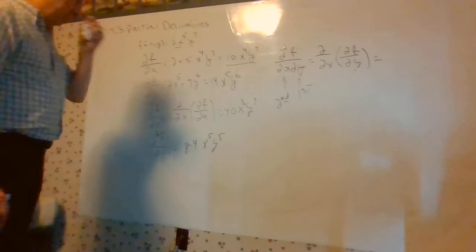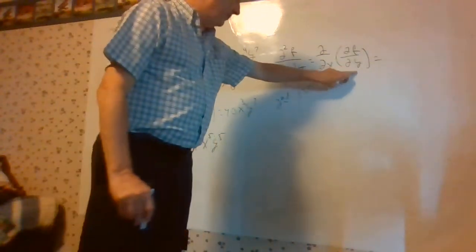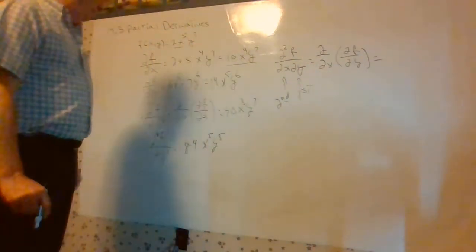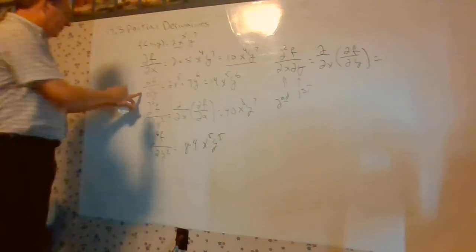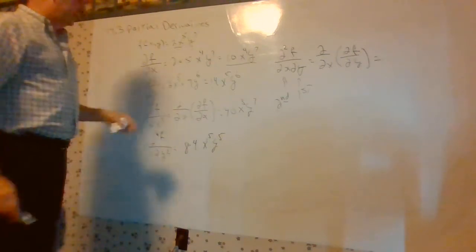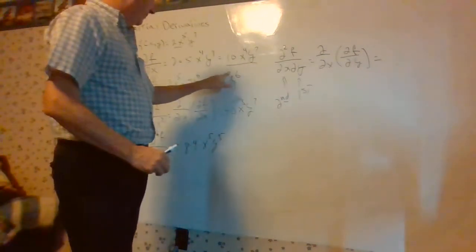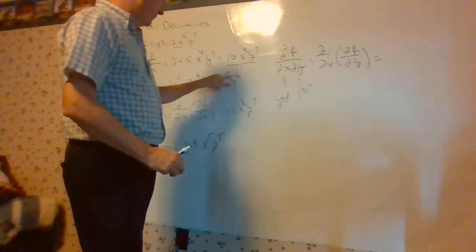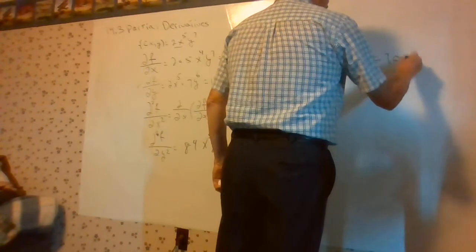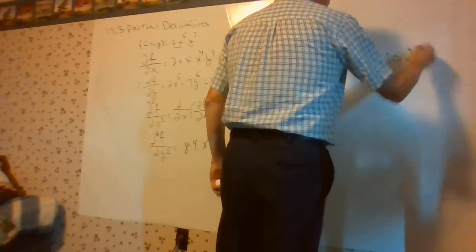Order sometimes can be important, but not always. We'll see in a minute. So we have to go over here and grab the y partial and do an x partial of that. So we have to do an x partial, which is 5 times 14 x to the fourth. And so we got 70x to the fourth, y to the sixth.